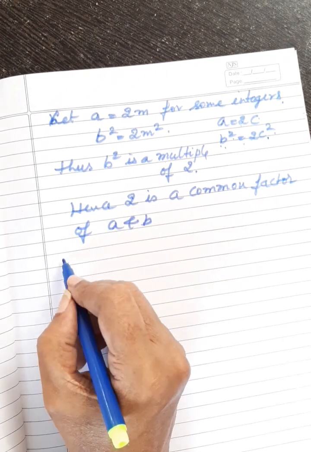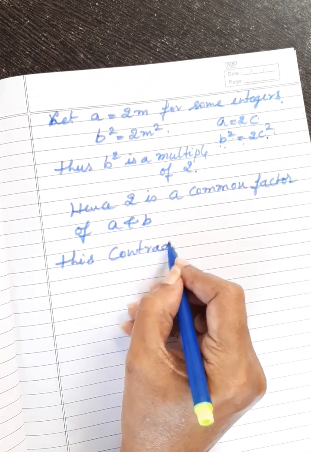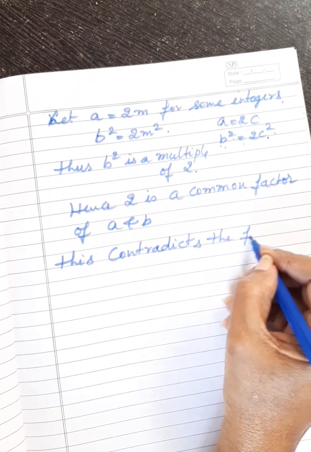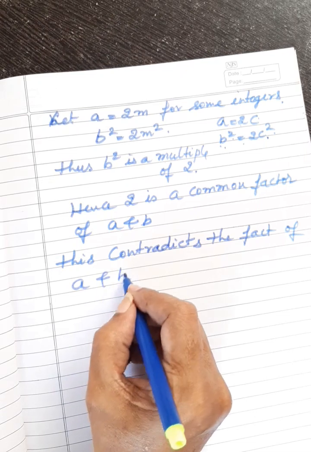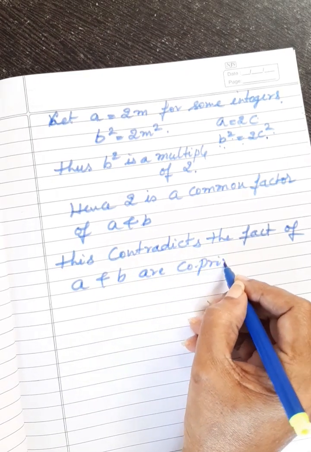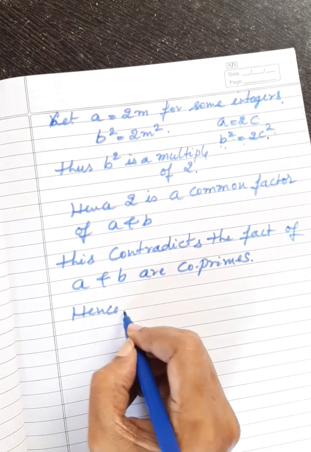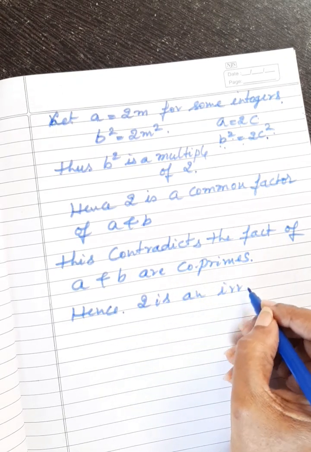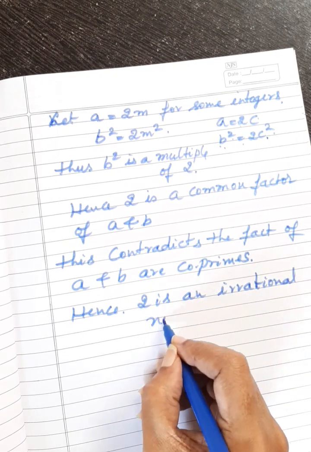Now this contradicts the fact that a and b are co-primes. Hence, root 2 is an irrational number.